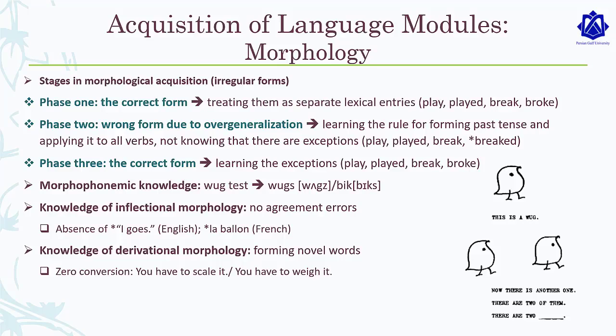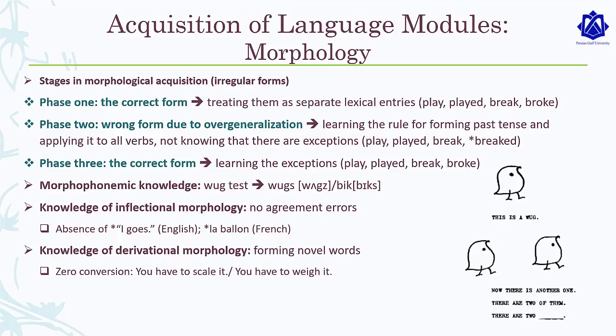Also, the studies have shown that children have a knowledge of inflectional morphology. For example, they would not make any agreement error. If in any language gender is a feature, like in German, they would not make agreement errors related to gender.